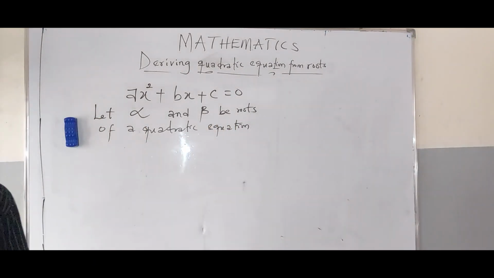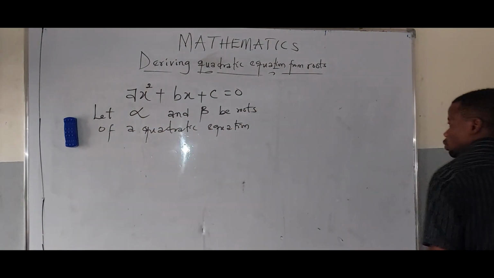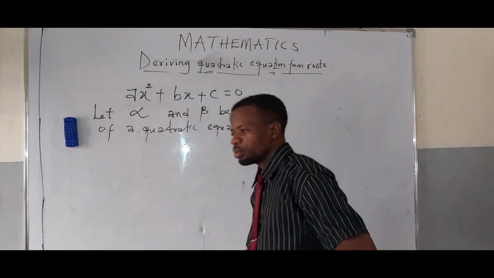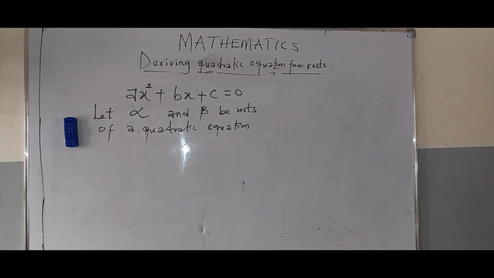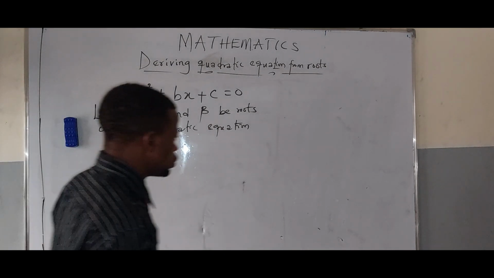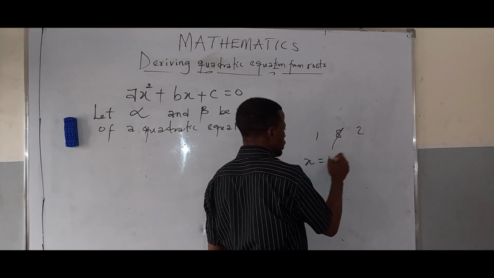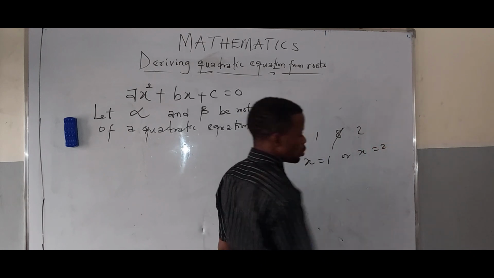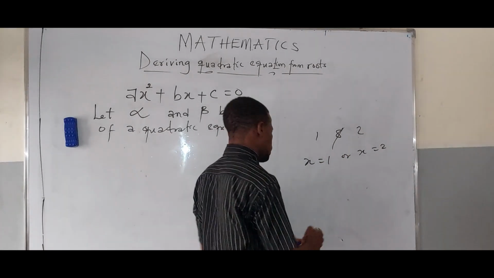So if alpha and beta are the roots of a quadratic equation, what can we do? Like when we have roots to be probably 1 and 2, what would we do if roots are 1 and 2? Then we say x is equal to 1 or x is equal to 2, right? Then we bring this here, we bring this here, equal to 0, then we are fine.